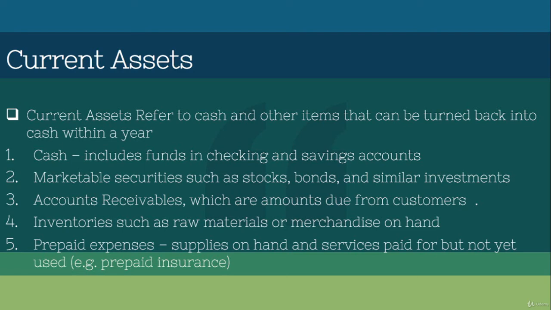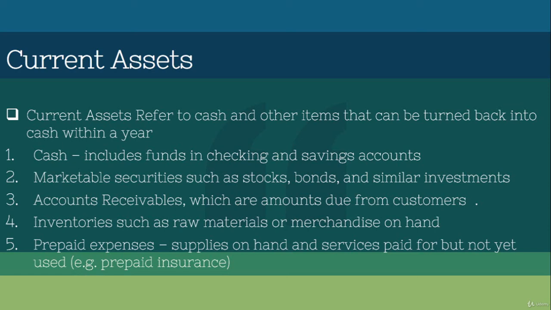For an example, a saving account. If we have a saving account, we can go to the bank and get the cash within 1 year. The maturity is within 1 year, so we can get the money back.